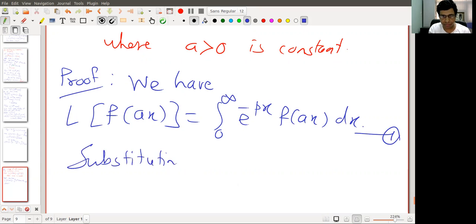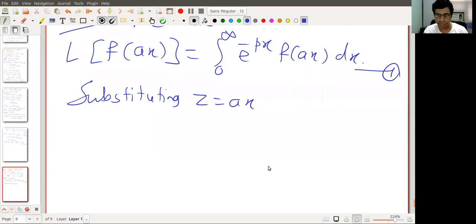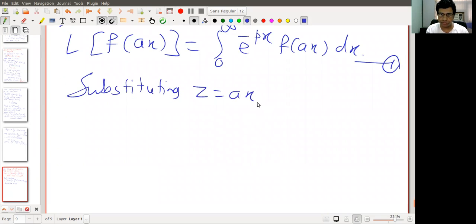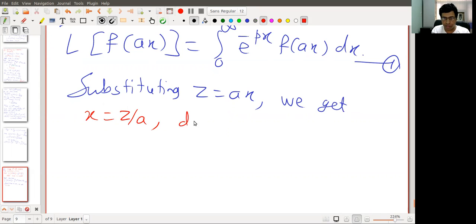Substituting z equal to ax, we get x equal to z upon a. Second thing we get dx equal to 1 upon a into dz.